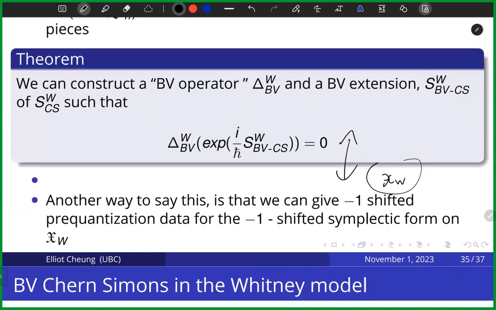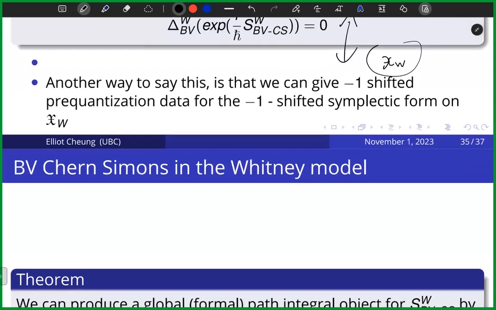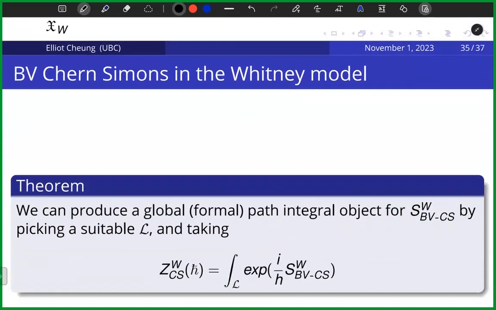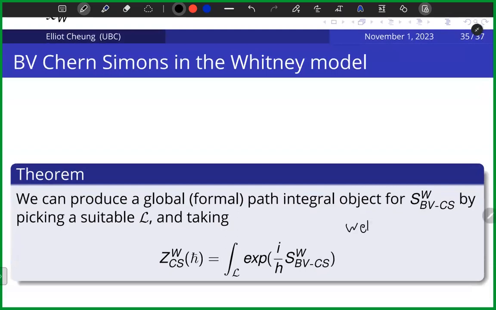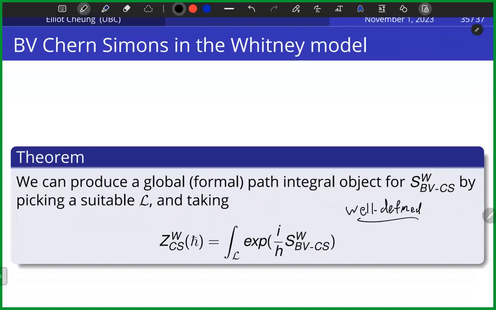So now, after you've done such a thing, you can try to carry out the promises of BV formalism and produce this global, well-defined Chern-Simons path integral in this homotopic model and produce 3-manifold invariants.